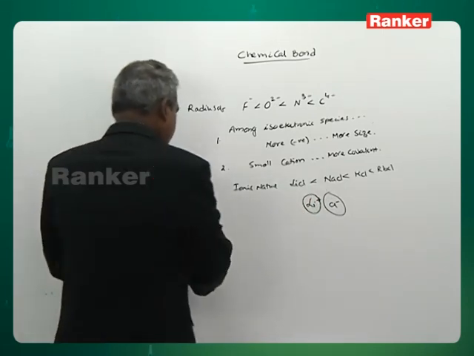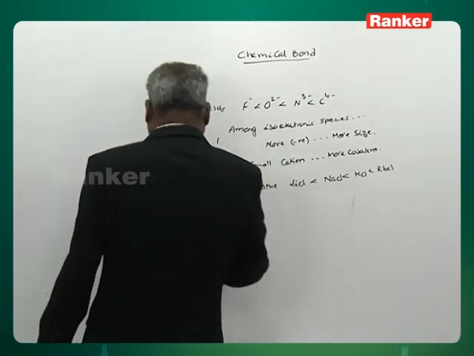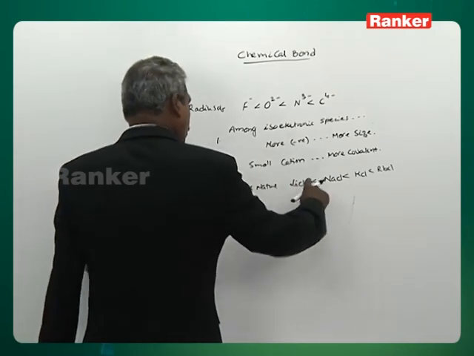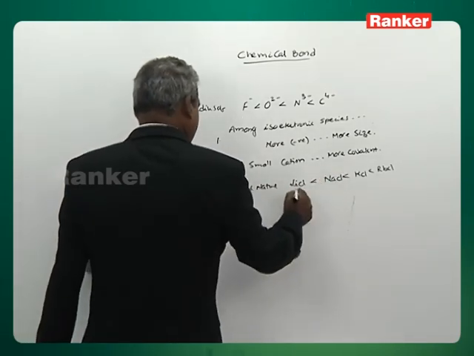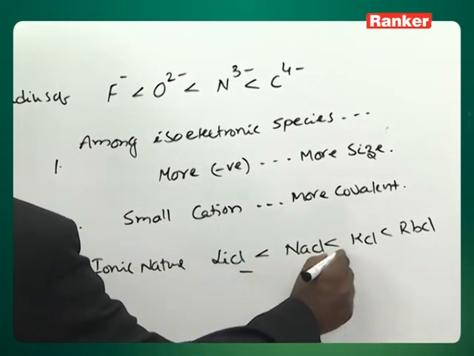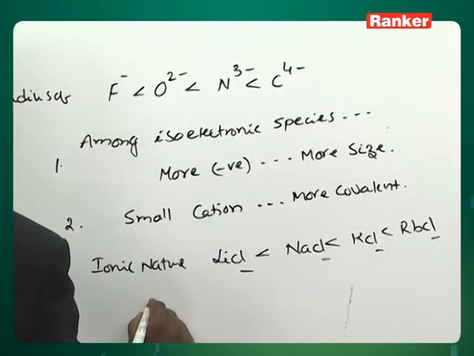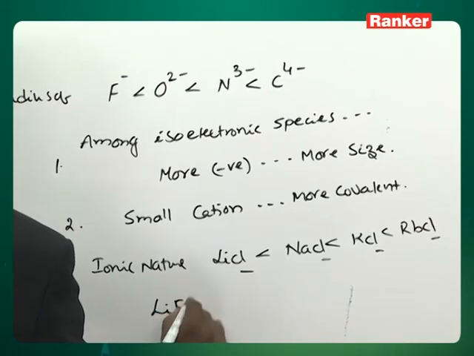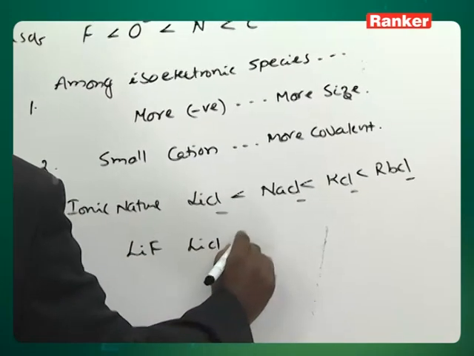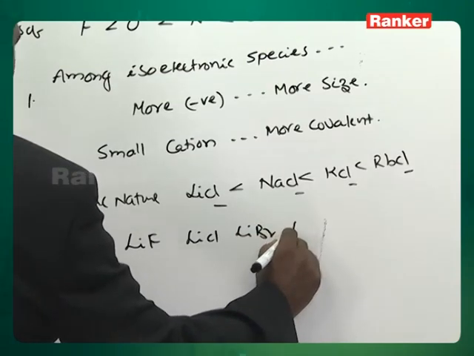So you take the fluorides of the same element. Here I have taken chlorides of different elements, keeping the anion the same, Cl minus in every case, and changing the cation. But this time I will take LiF, LiCl, LiBr, LiI.